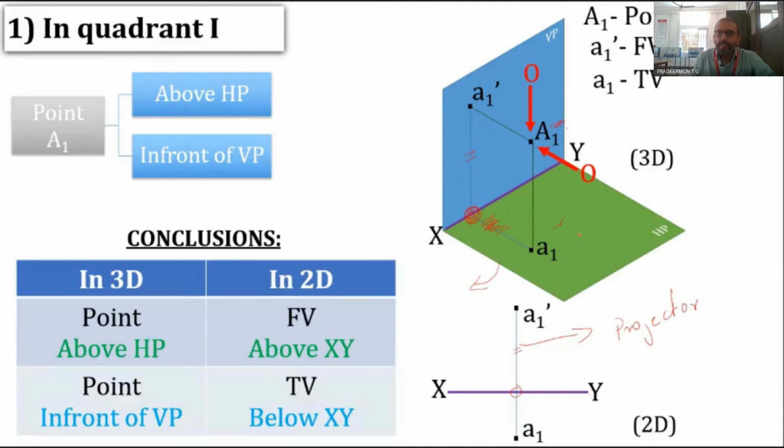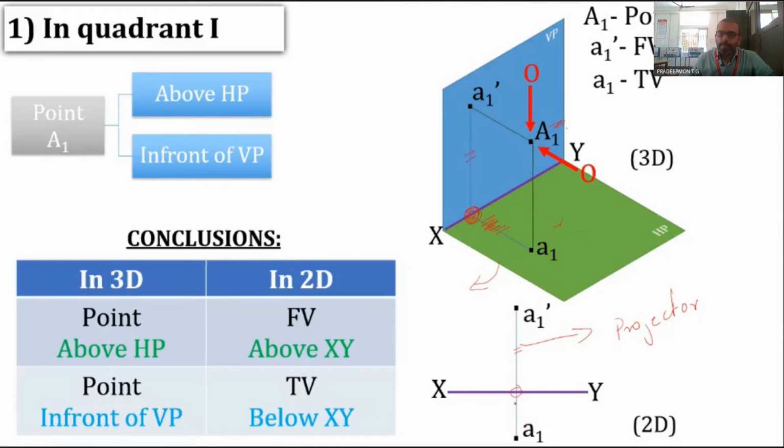The perpendicular distance of the top view, A1, from the XY line should be equal to the distance of the point A1 from VP. So that should be equal to this particular distance.